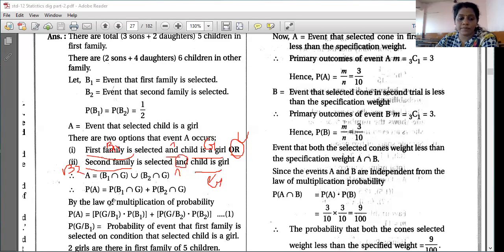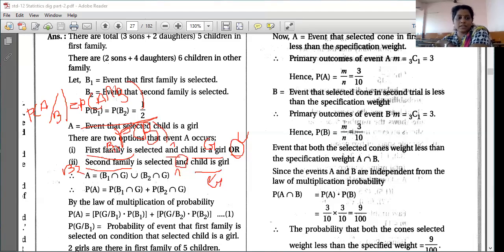One girl that is from family 1. That's why we have written this. Look, what was the probability multiplication? The conditional probability formula. Suppose P of A by B is P of A intersection B upon P of B. This was it.